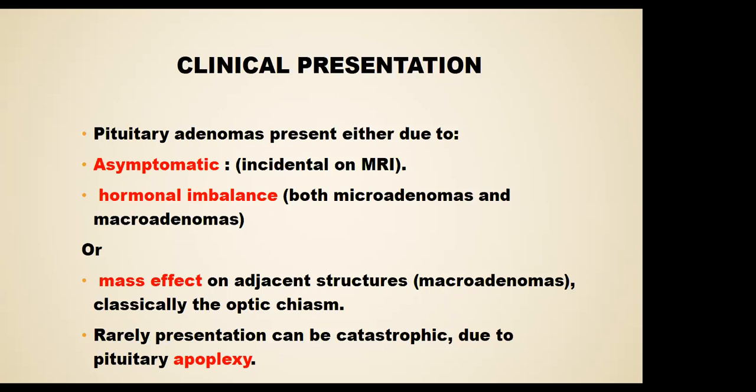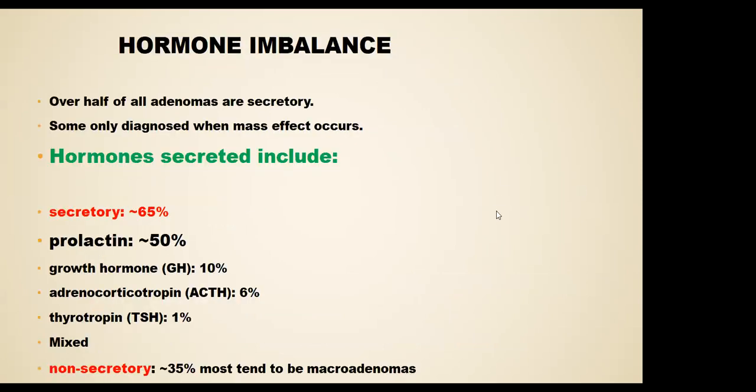Regarding the hormonal imbalance, over half of all adenomas are secretory. Some are only diagnosed when there is a mass effect. Most of the secretion is prolactin, 50%. Other hormones are less common: growth hormone 10%, adrenocorticotropic hormone 6%, thyrotropin 1%, and others are mixed.